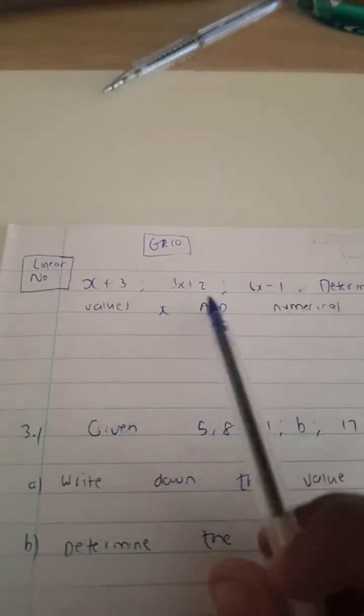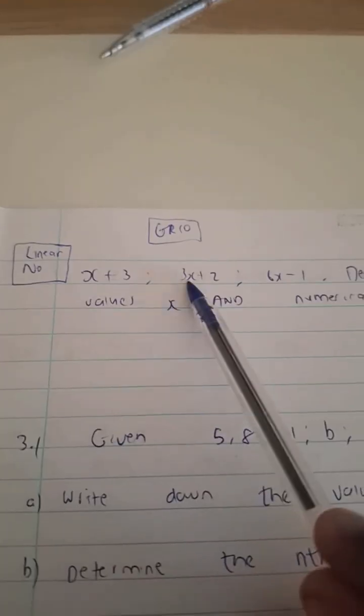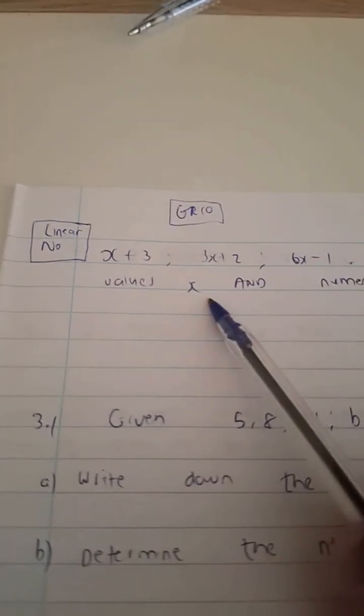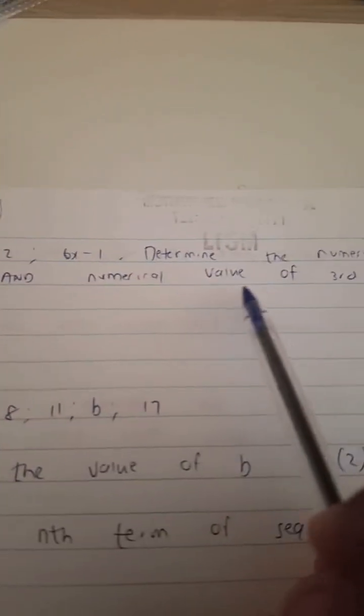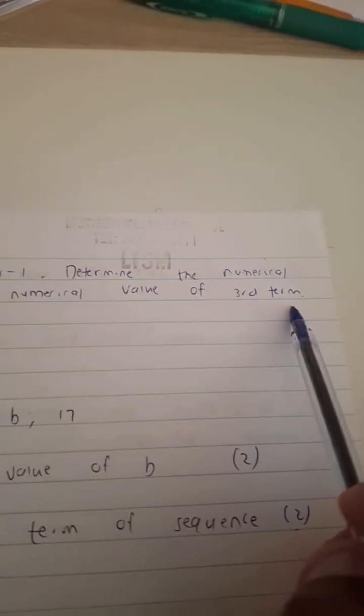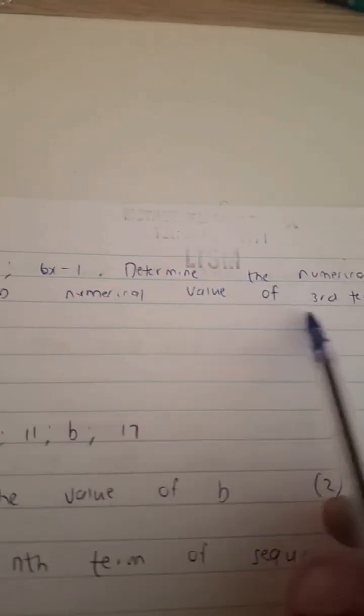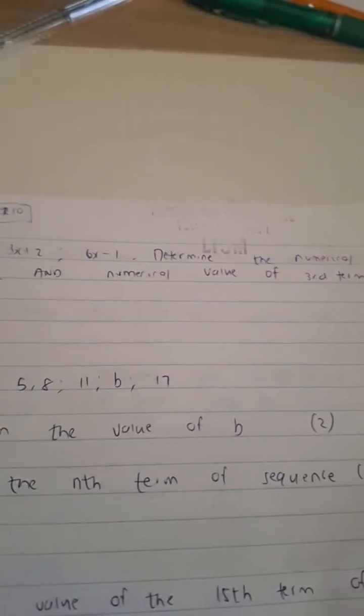The three terms are x plus 3, 3x plus 2, 6x minus 1. We need to first solve for x and then get the numerical value of the third term.